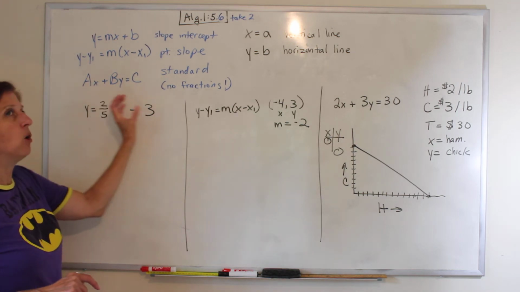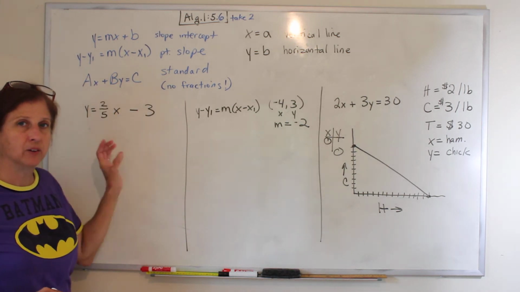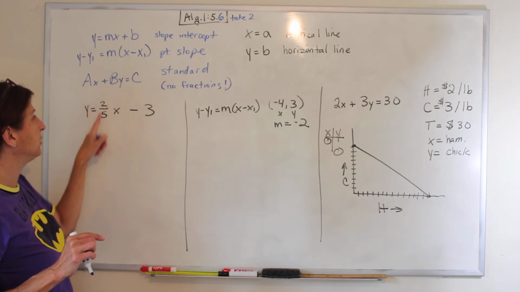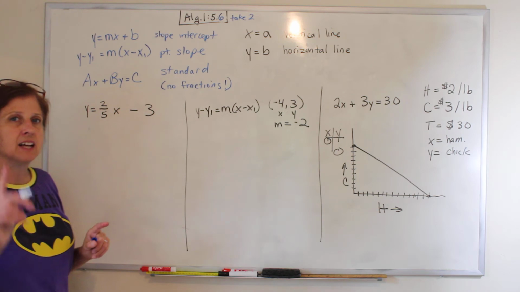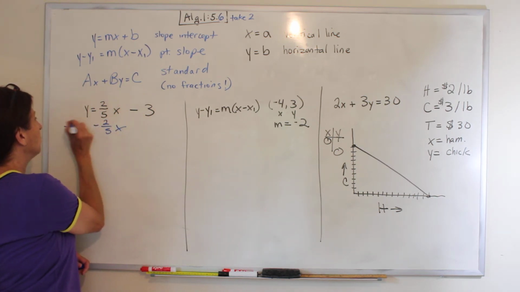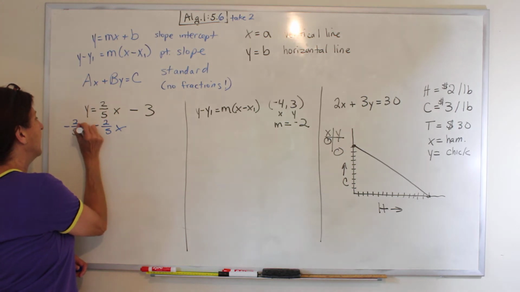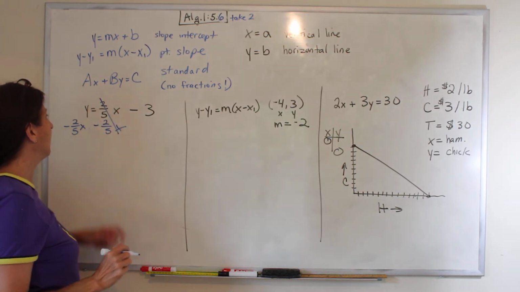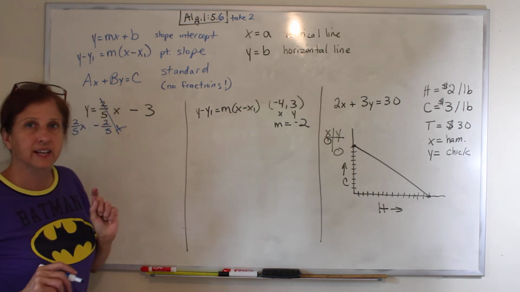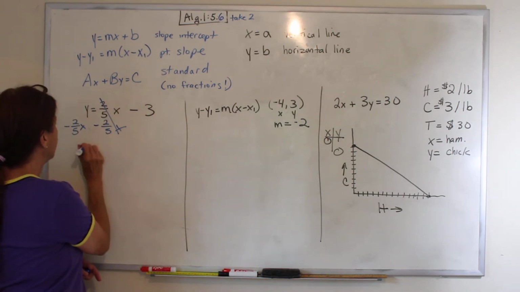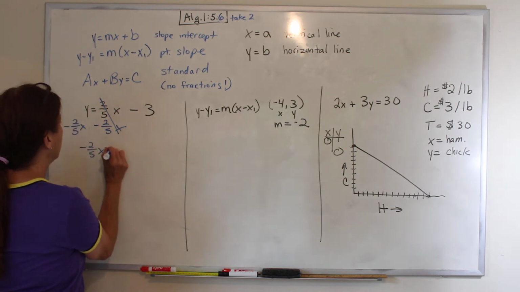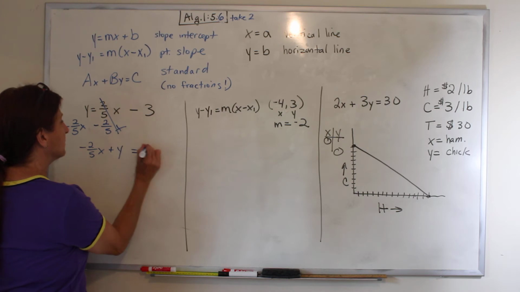We're moving this whole term to the other side by doing the opposite. So the opposite of this positive 2/5 x is negative or minus 2/5 x. And what you do to one side, you do to the other. Those cancel out. And now we write the x's before the y's, because x's go before y's. So we write negative 2/5 x plus y equals negative 3.